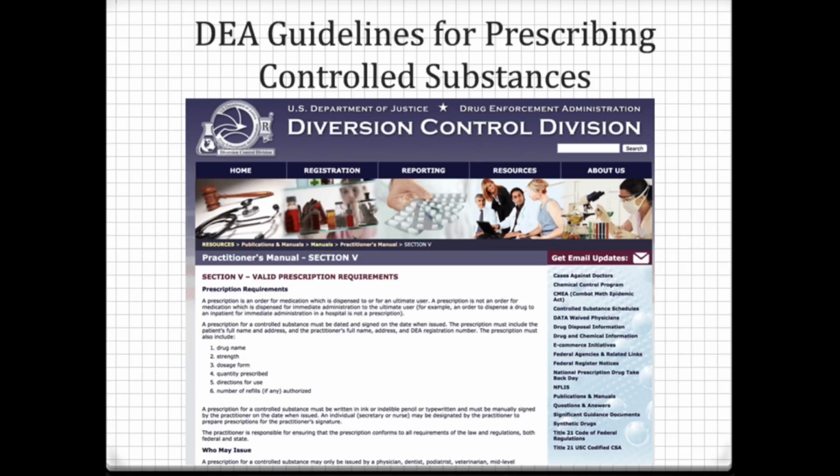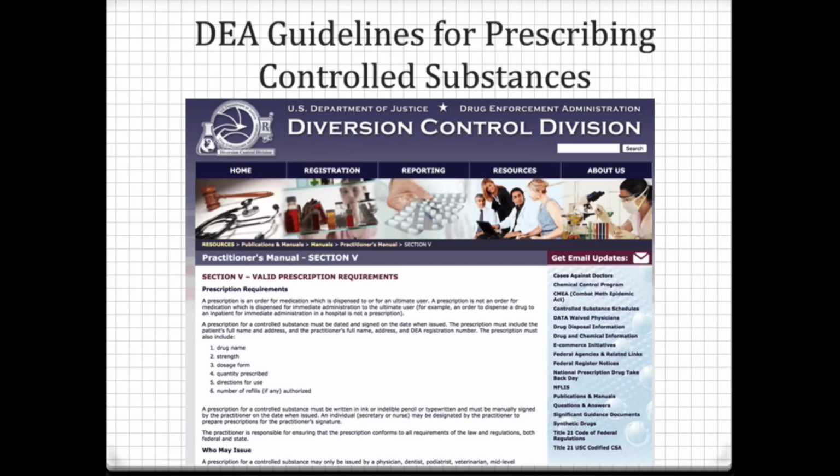In that manual, it stipulates that a prescription for controlled substances in Schedules 3, 4, and 5 issued by a practitioner may be communicated either orally via the phone, in writing, or electronically to the pharmacist, and may be refilled if so authorized on the prescription or by call-in. However, the prescription may only be refilled up to 5 times within 6 months after the date on which the prescription was issued. After 5 refills or after 6 months, whichever occurs first, a new prescription is required.